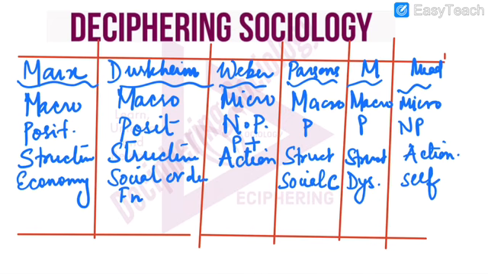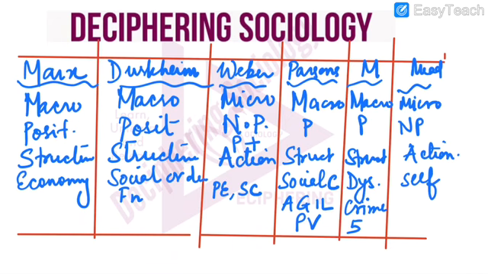In Parsons we study about AGIL, pattern variables. In Merton we study about crime, deviance, the classification of all those, the 5 types, 5 responses. In Weber we have Protestant ethic and spirit of capitalism.